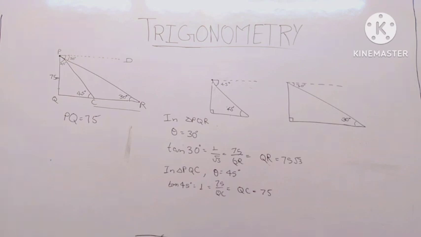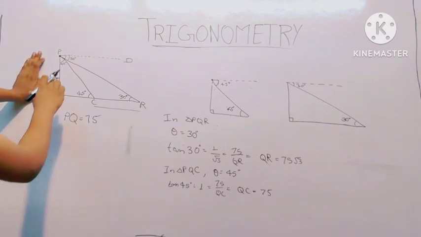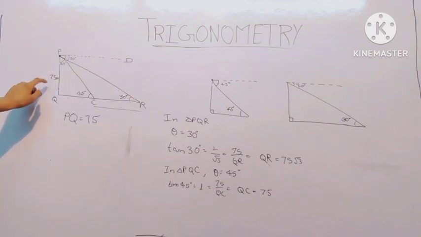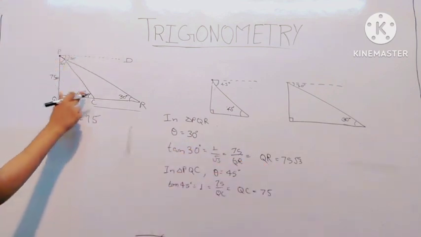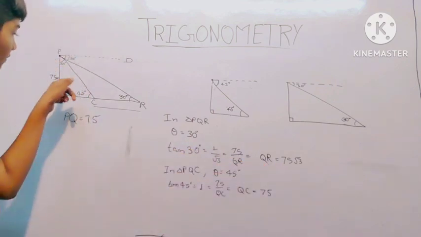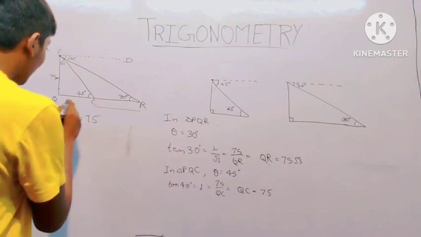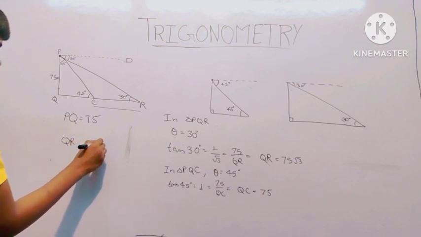Correct? So what we can see is that we first took the entire triangle. Theta was 30 degrees and we were given the perpendicular. We needed to find the base, so we got the base. Then we took the smaller triangle with the angle 45 degrees. We got the perpendicular and we needed to find this base, so we got QC. So we have QR and we have QC.